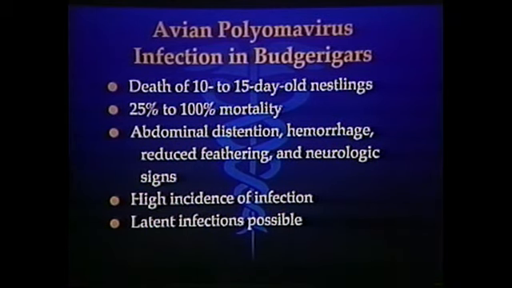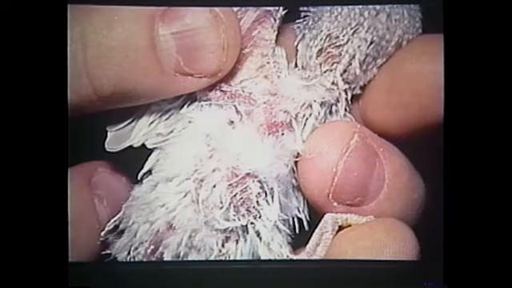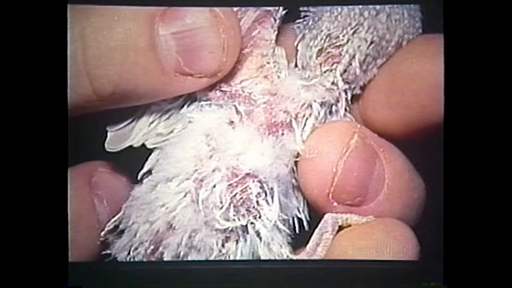There generally is a high incidence of nestling infection in affected aviaries. Persistent, not latent, but persistent infections may occur. This is a young neonate that had a distended abdomen, abnormal feathering, and subcutaneous hemorrhages.